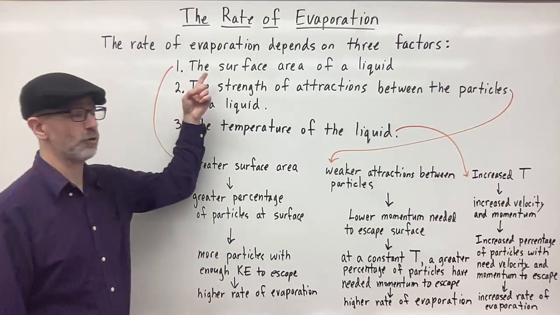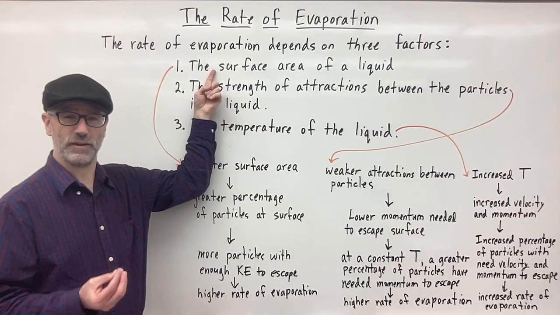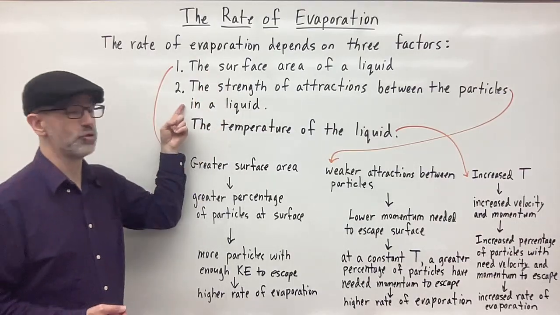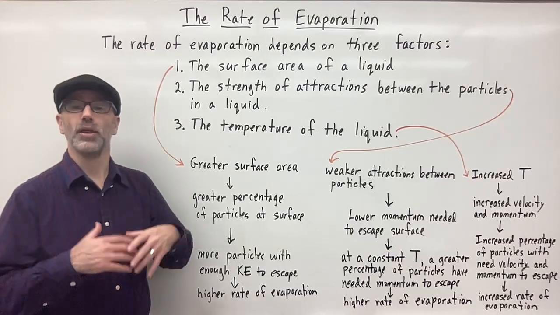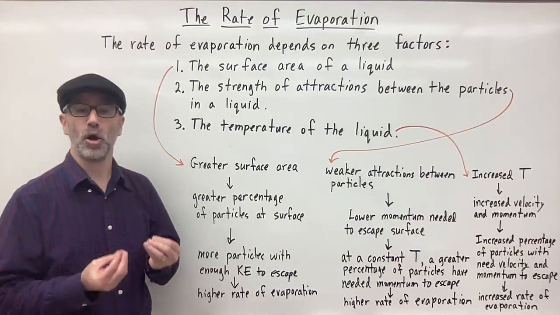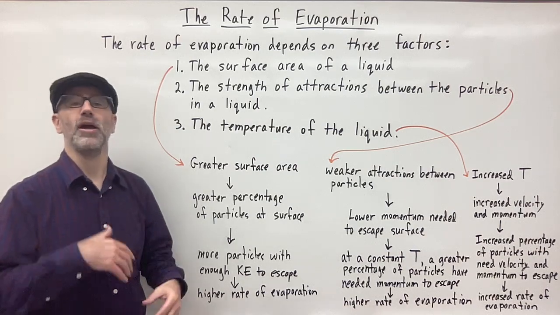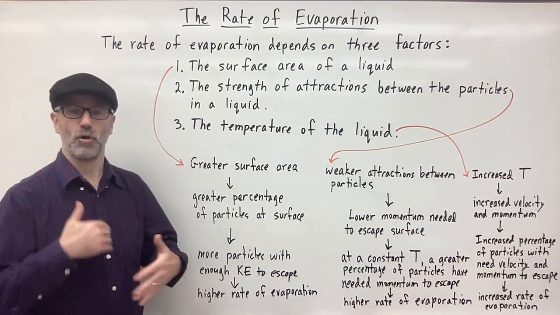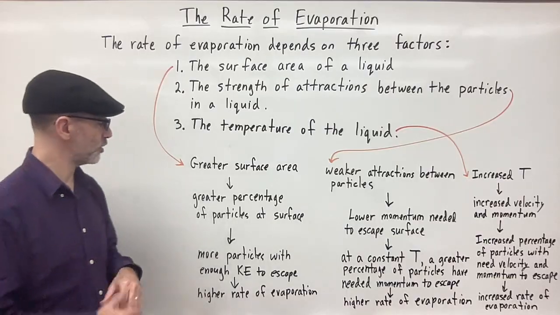And so these are the factors involved in the rate of evaporation. It's going to be the surface area: increased surface area increases the rate of evaporation. The strength of the attractive forces: the weaker the attractive force, the more easily the particles can break free from the surface and become vapor more quickly, so the rate of evaporation goes up.